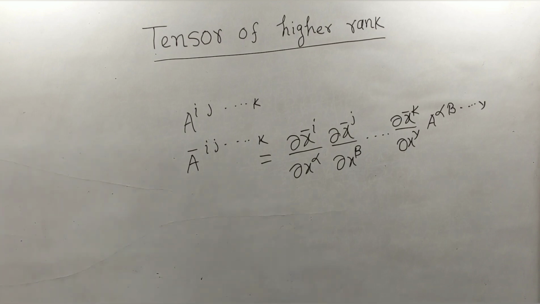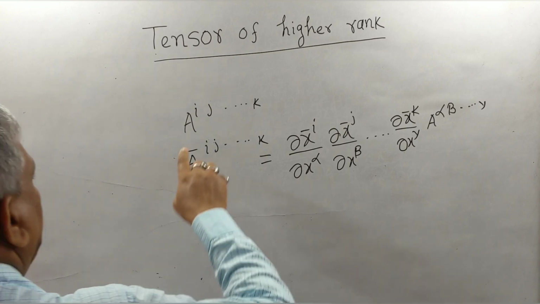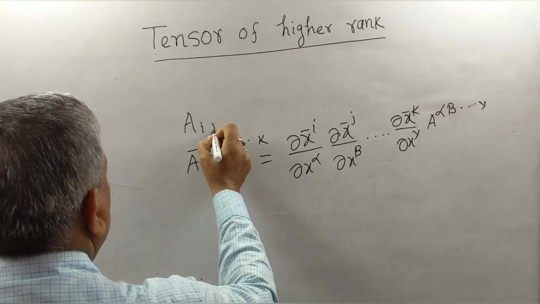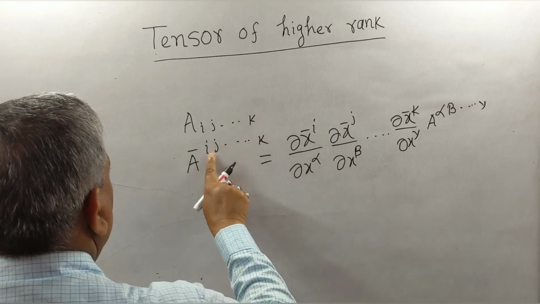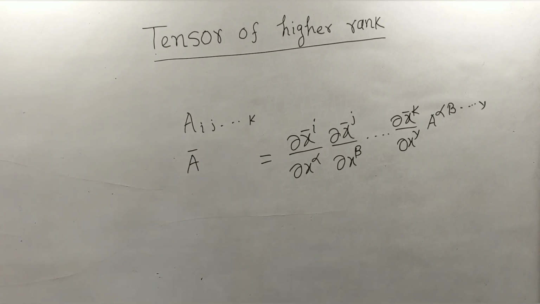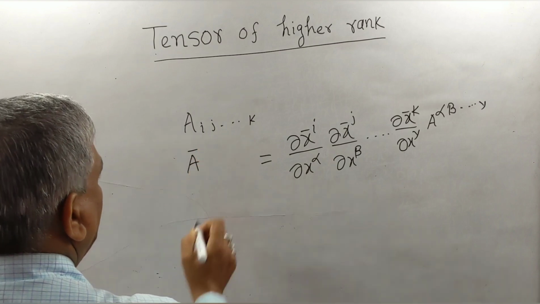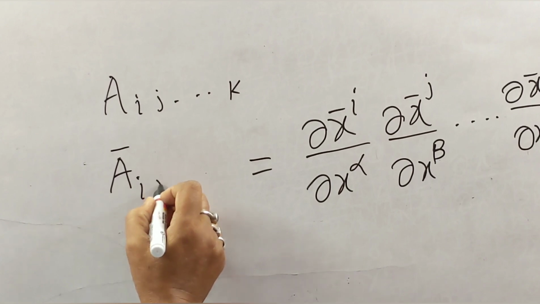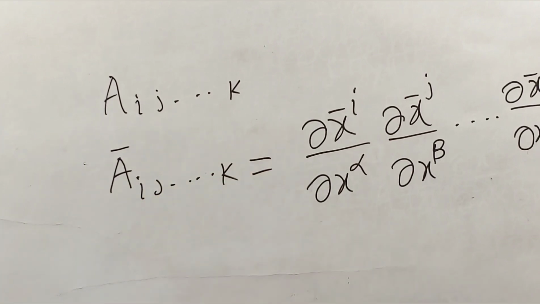Similar to this, we may consider the case for a tensor in covariant form. Let A_{ij...k} be a tensor, that is a covariant tensor in x system of coordinates. Its corresponding value in x bar system of coordinates is a bar ij...k.